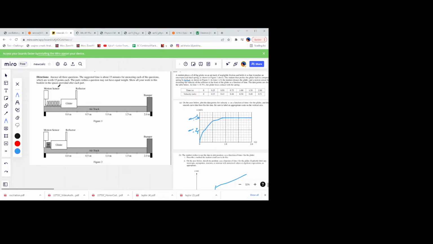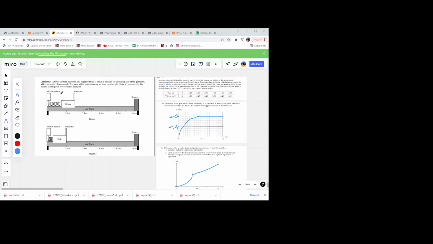Actually, not particularly. So here's what we know. What we know is that at t equals 0.79, the glider is at the unstretched position, i.e. at 0.25 meters. That's what we do know.